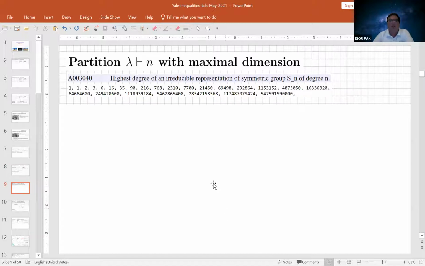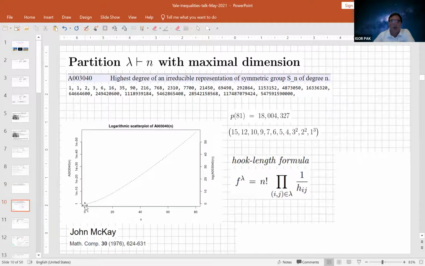This is where people really started computing that, and by people I mean just one person. I'll show you this person in a second. If you open OEIS, one of the earliest sequences is sequence 3040, which basically lists the highest degree of irreducible representation one by one, and if you look at the graph, you see that it grows indeed like 1/2 n log n.